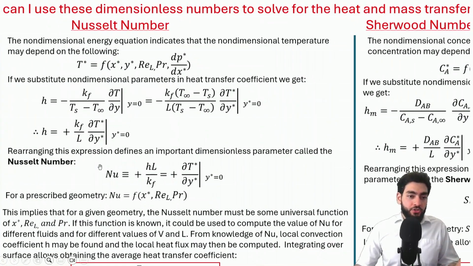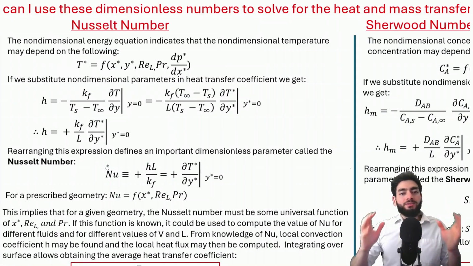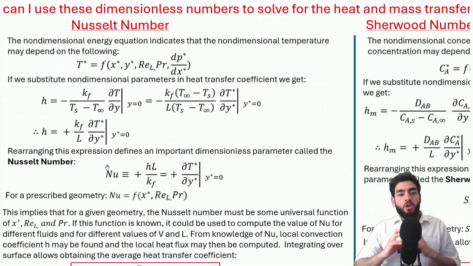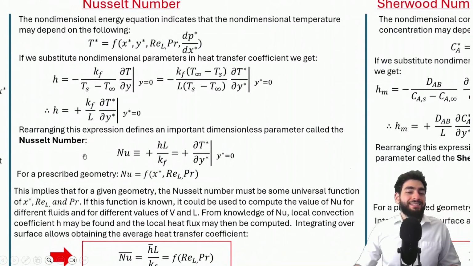Now, rearranging this expression will help define an important dimensionless parameter called the Nusselt number. If you rearrange this equation to solve for the gradient of the non-dimensional temperature at the surface with respect to the vertical axis, then what you will get is the Nusselt number.